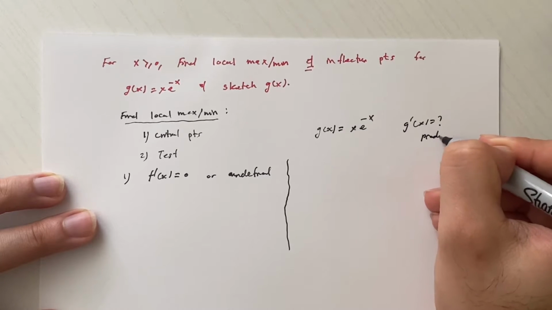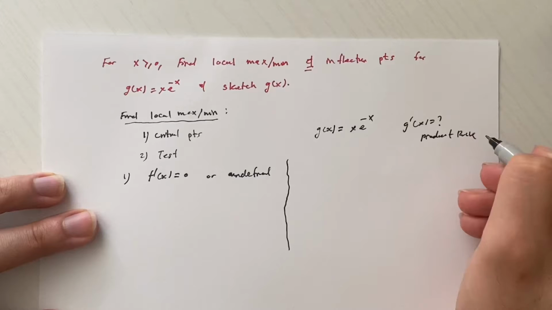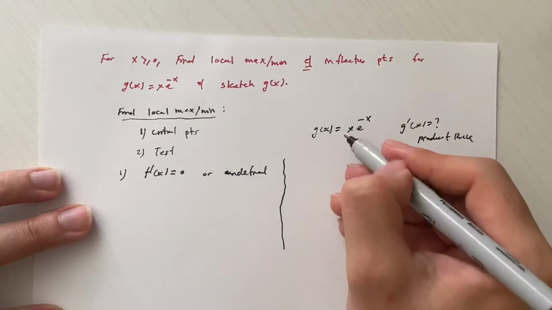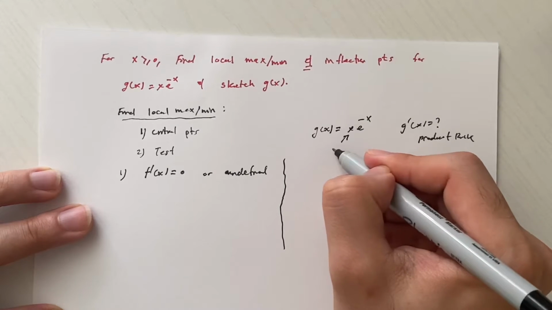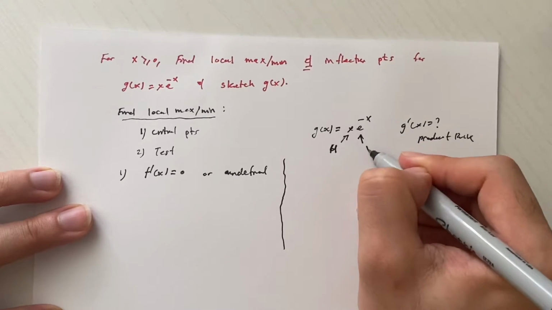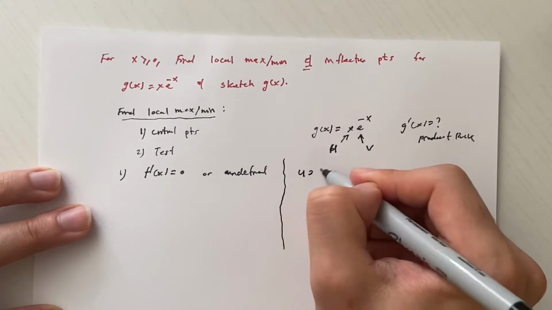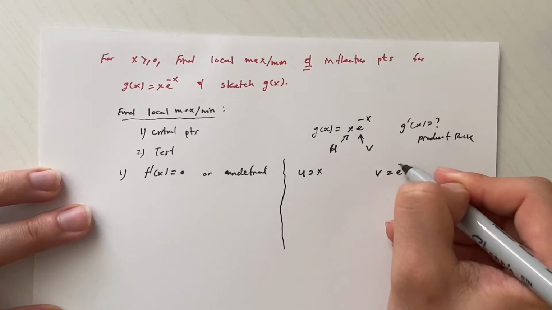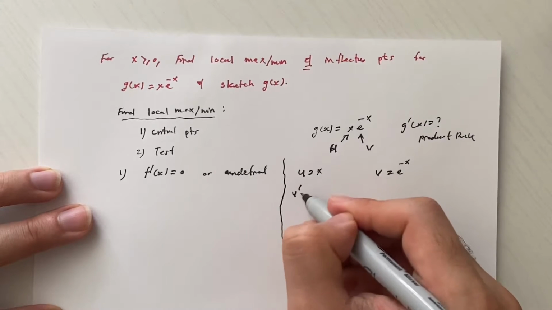To take the derivative, we're going to use the product rule, since this is two multiplied functions. I'm going to assign x to u and e to the negative x to v. Now I'm going to take the derivative of u and v.